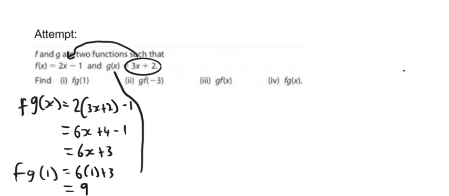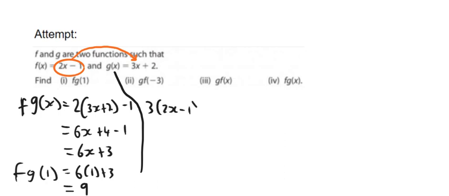g of f of minus 3 then. So now we're going the opposite way. So I'm going to take the 2x minus 1 and put it all in instead of the x in there. So that's just going to give me 3 times 2x minus 1 and then plus 2.